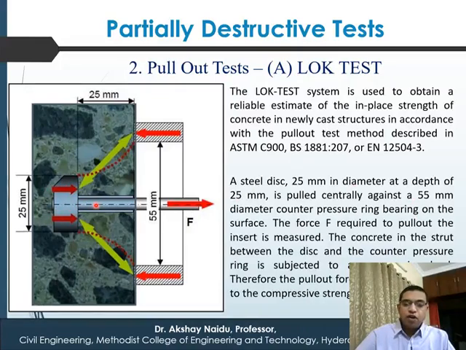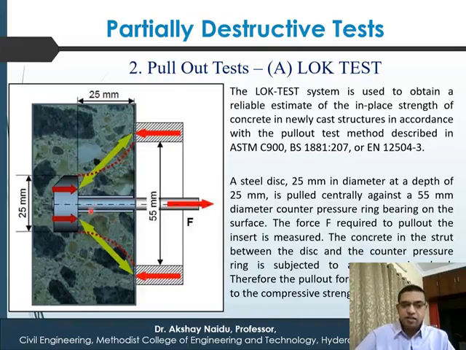So for conducting a lok test, while the concrete is being cast, this piece has to be embedded in the casting. Concrete has to be poured around it and concrete naturally hardens around this.